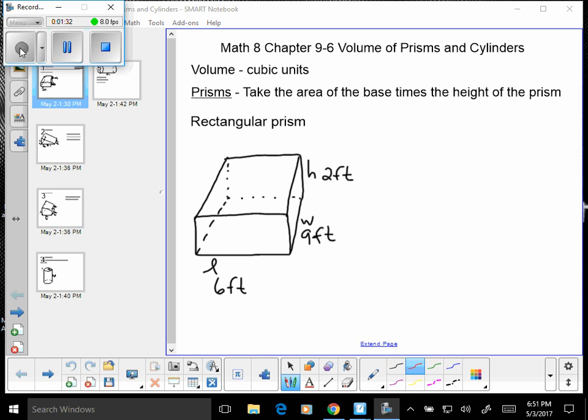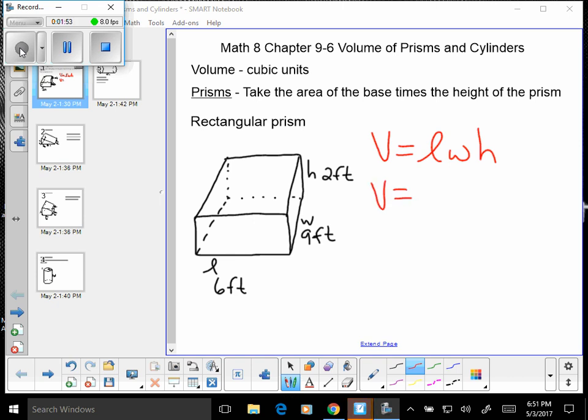The rectangular prism is the one you're probably most familiar with, because this is the formula that you probably learned going back to 4th grade, where you're going to have length and width and height. Now you'll notice on the diagram of the rectangular prism, I showed you where the length, the width, and the height are.